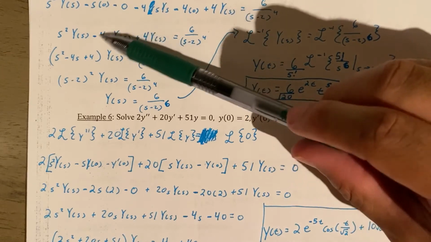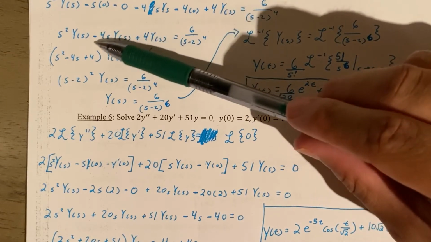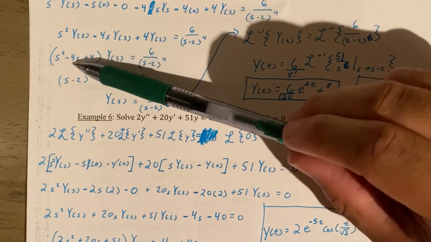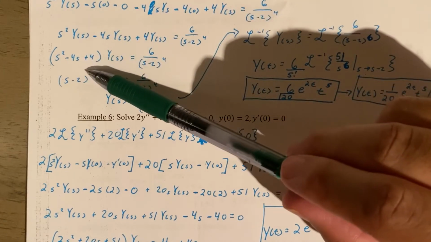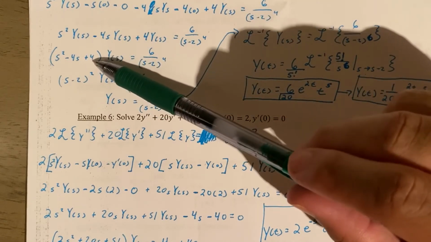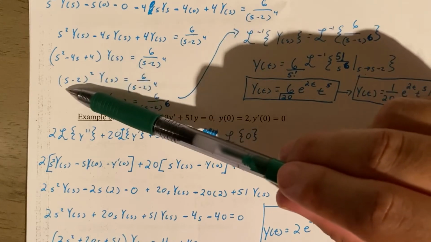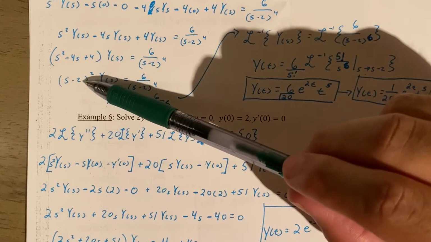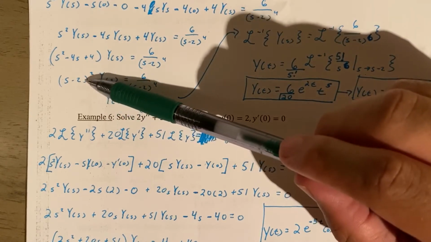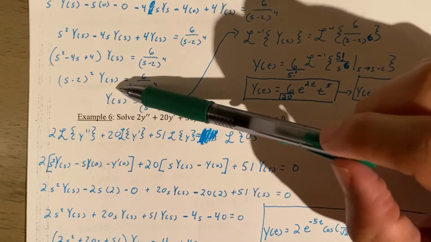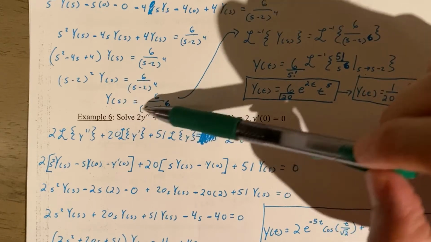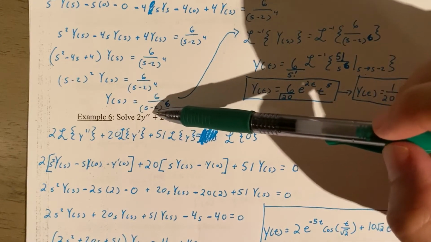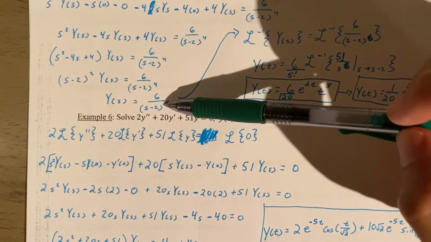Because we want cap Y of s by itself, we pull out the cap Y of s, and we're left with this quadratic s squared minus 4s plus 4. Well, we can factor that to just s minus 2 squared. And we divide both sides by that, and we get cap Y of s by itself: 6 over s minus 2 to the 6th power.